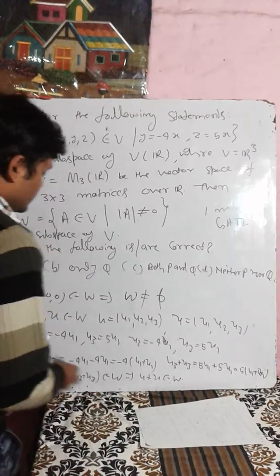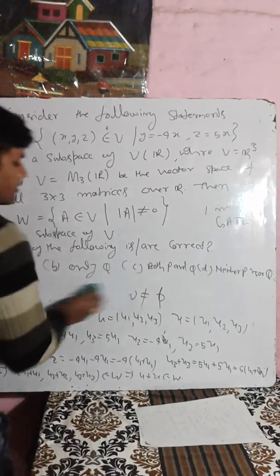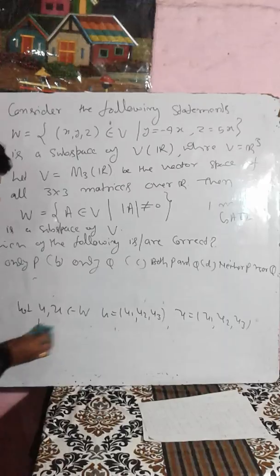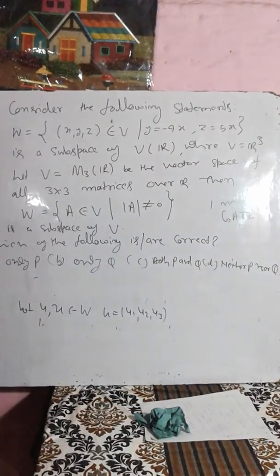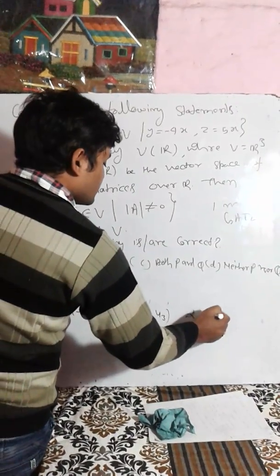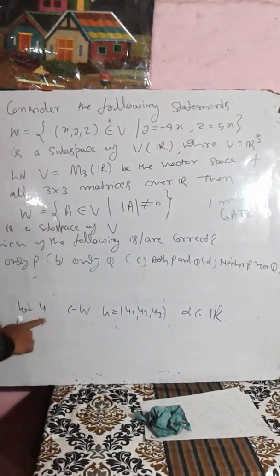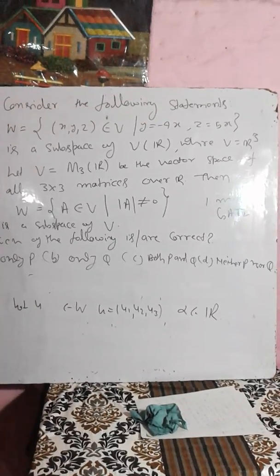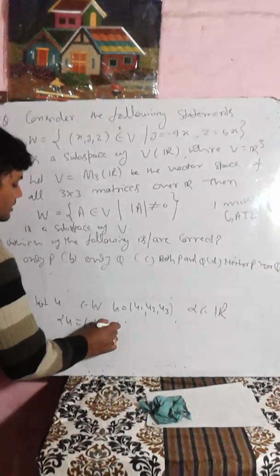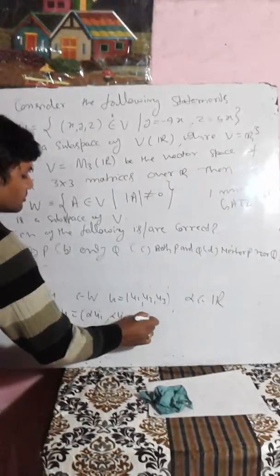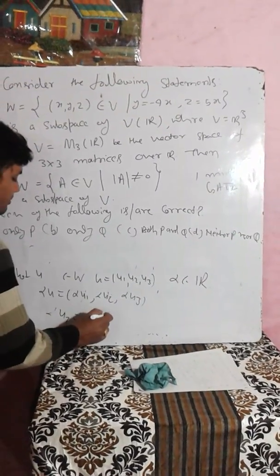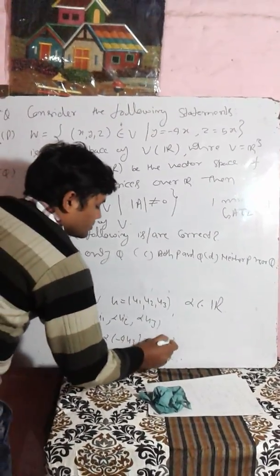Now, what about the scalar multiplication of vectors? For scalar multiplication, let U belong to W and alpha belong to the real numbers. Then we need to check whether alpha U belongs to W or not. What will be alpha U? Alpha U means (alpha U1, alpha U2, alpha U3). And what is alpha U2? Alpha U2 is alpha times minus 4 times U1, which implies minus 4 times alpha U1.